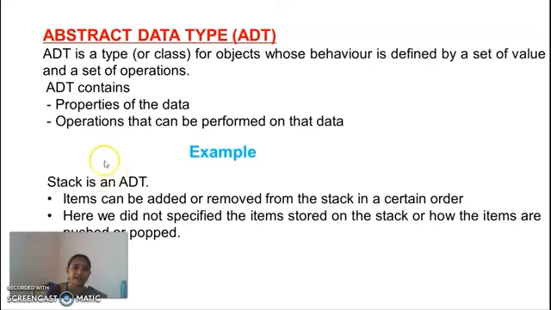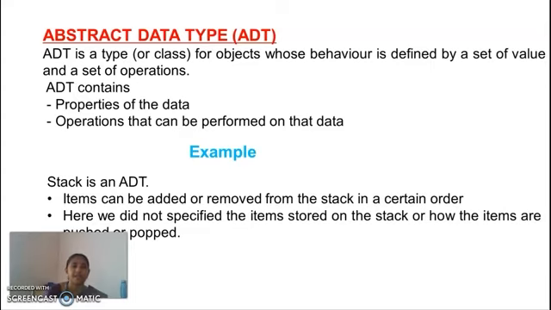We are just considering a stack as an example here. When we say stack as an ADT, you want to define the properties of the stack and the operations to be performed on the stack. What are the properties of a stack? A stack has memory allocated to it. These are the properties, and the stack has a pointer called top. Whenever an element is inserted, it is inserted at the top position only.